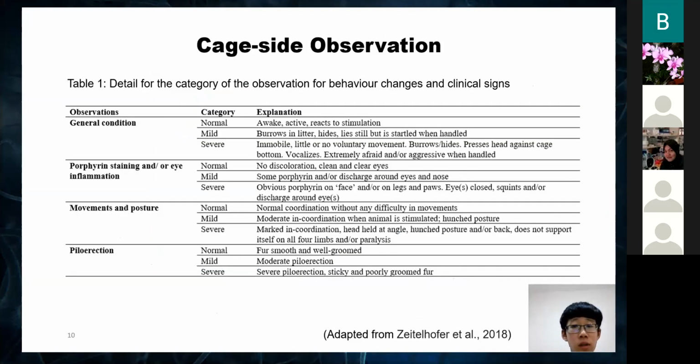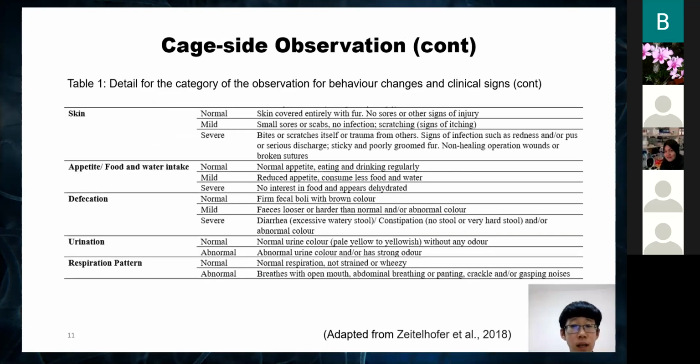Cage side observation was performed according to the following listed observations, which included the alertness of the rats, presence of eye secretion or inflammation, changes in movement and posture, signs of piloerection, changes in skin and fur condition, changes in appetite which assessed via food and water intake, changes in amount, color, texture of the stool and urine, and lastly, changes in the respiratory pattern.